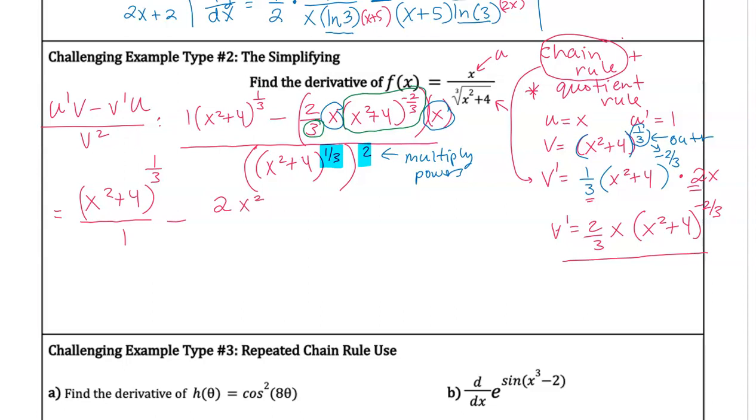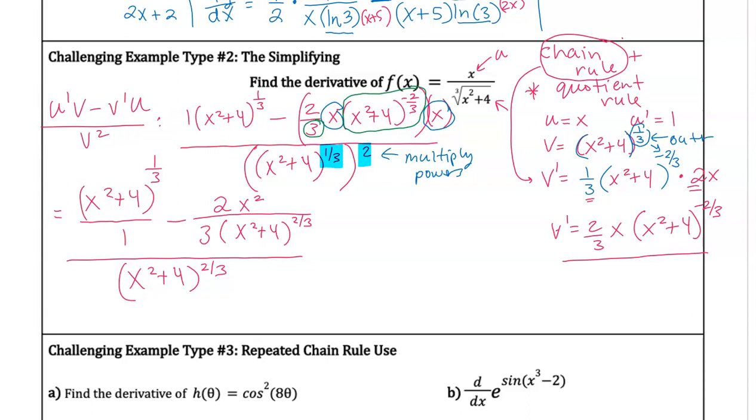Those are both in the numerator. But then in the denominator, I'll have the 3, and then I'll have the x squared plus 4 to the 2/3. And that is all just my numerator, and then that is all being divided by x squared plus 4 again to the 2/3. So this is my derivative, but as you can see, it needs some simplifying.